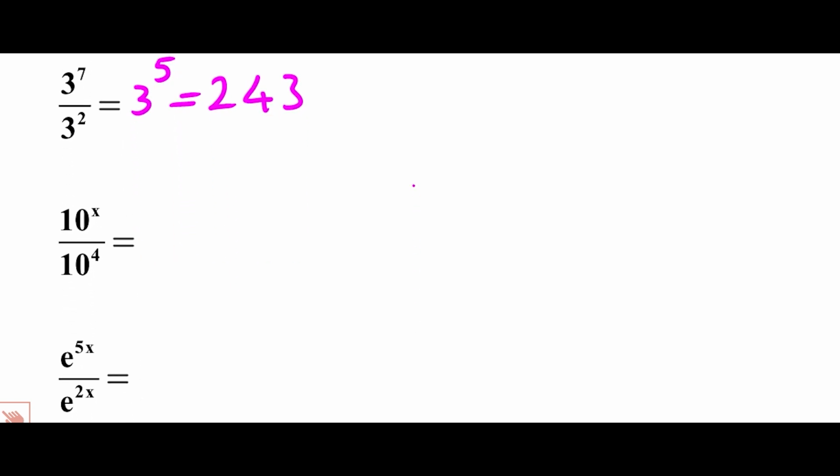Or 10 to the power of x over 10 to the power of 4 equals 10 to the power of x minus 4. Or e to the power of 5x over e to the power of 2x equals e to the power of 5x minus 2x, which is 3x.